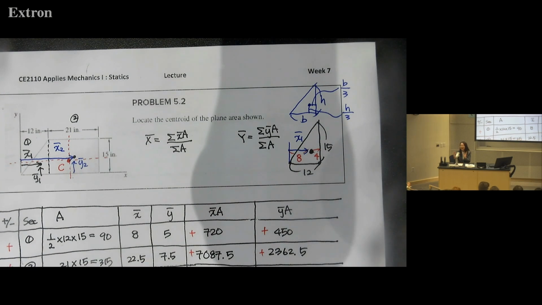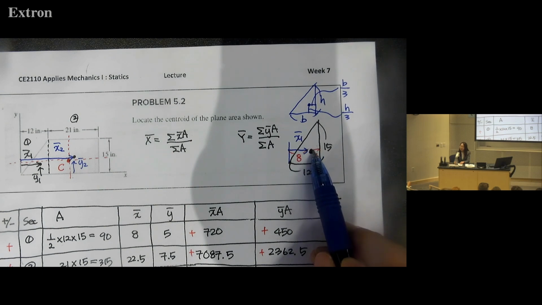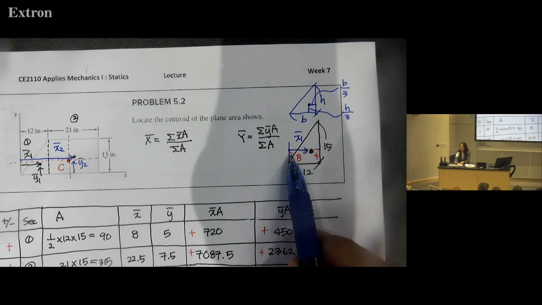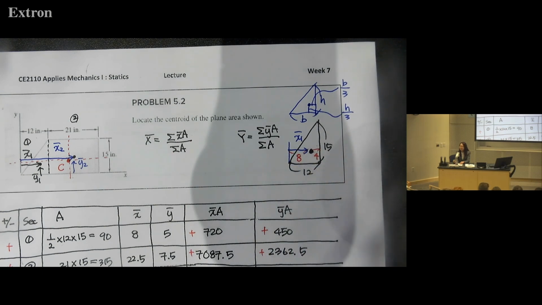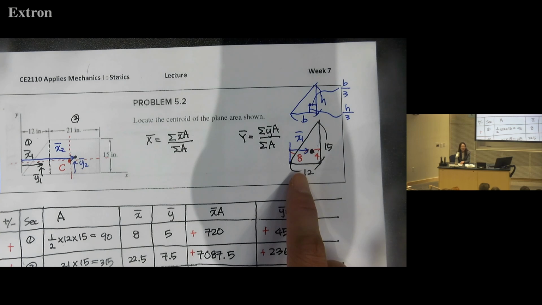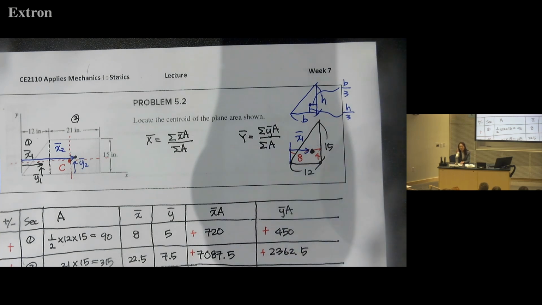Right, so that's here. We don't count this one, but we count this distance. Any follow-up questions? Yes, if it is a rectangle, it's simple, but for a triangle, it's tricky to choose 1/3 or 2/3.